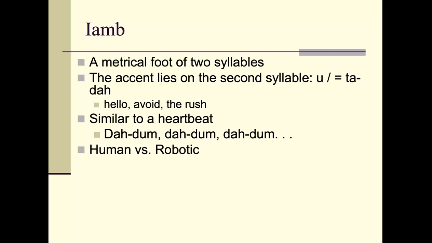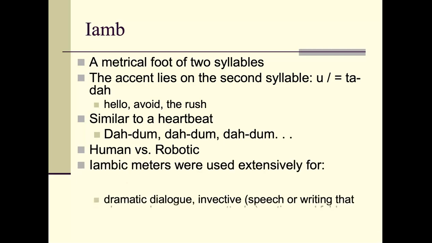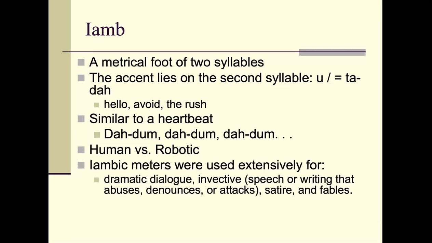And consider the iambic pentameter, or iamb, was considered by ancient Greeks to approximate the natural rhythm of speech instead of being something robotic. So often iambic meters, particularly in the past and even today, were used extensively for dramatic dialogue, invective speech or writing that abuses, denounces, or attacks, satire, and fables.